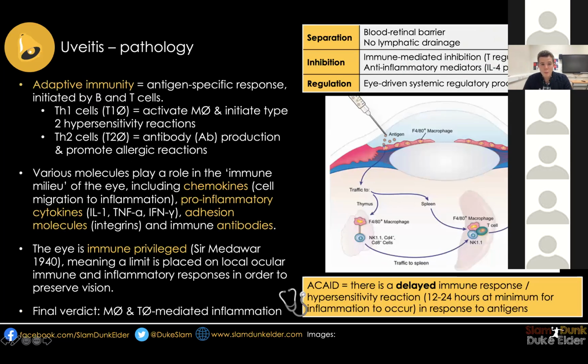In an adaptive immune system, in a uveitis picture, we tend to have a mix of both Th1 and Th2 responses depending on the type of etiology. Infectious uveitis tends to produce a more Th2 response, whereas autoimmune tends to produce a Th1 response, for example. And these are the kind of cells you might see in the pus samples if you were ever to sample a uveitic eye, okay?